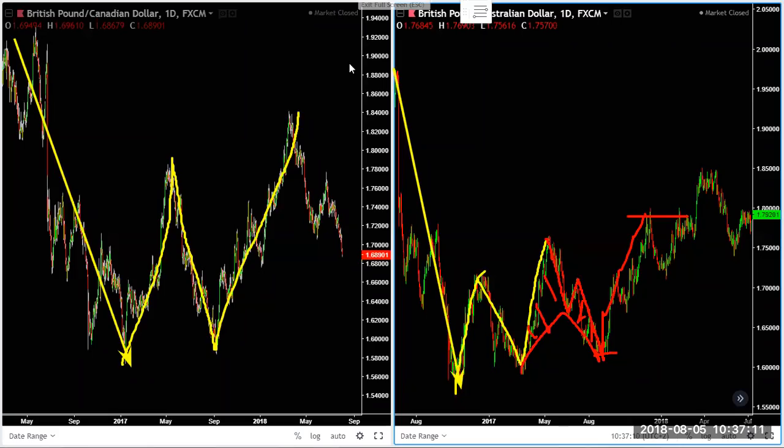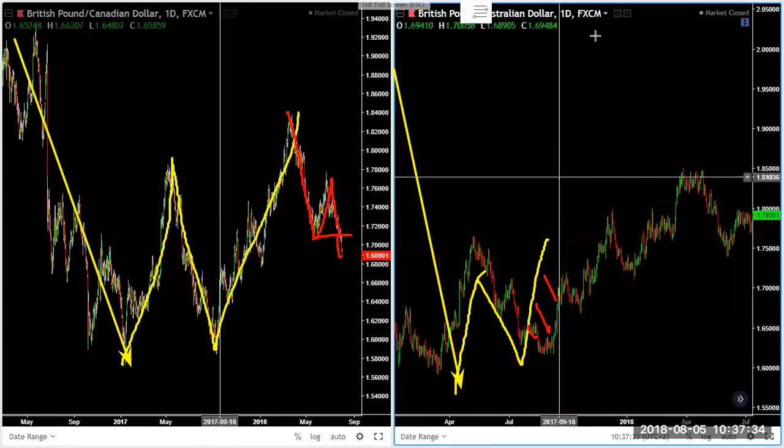Now we are dropping. How many waves are we dropping in? We're dropping in 1, 2, 3. What did I say last week when we were here? I said I don't expect a bounce here. I expect this to continue all the way down, just like that, because similar to what happened here. You see what happened when it made that three-wave bounce?